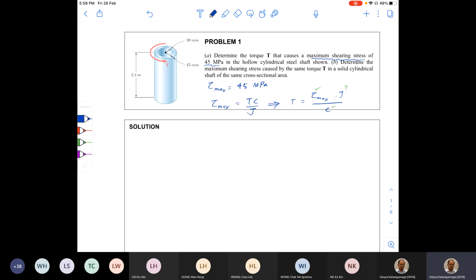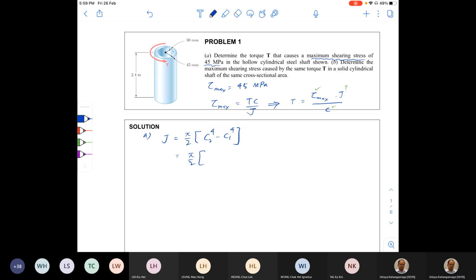So shall we do that first? Do the calculation for the given shaft. First, we need to find J. J, the polar moment of inertia, is pi over 2 times C2 to the power 4 minus C1 to the power 4. We know that, right? Here C2 is the maximum radius, 45 millimeters.